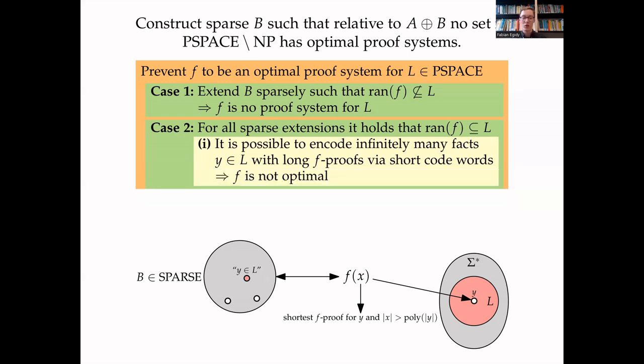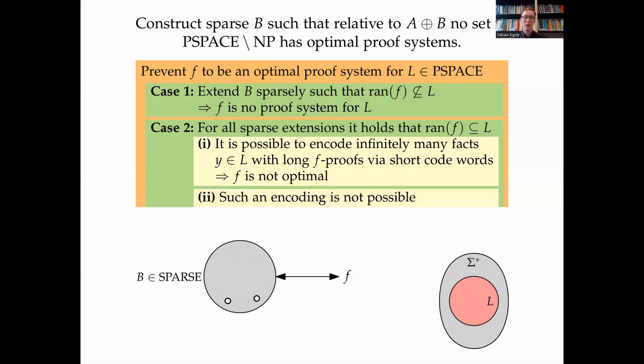If otherwise such an encoding is only possible finitely often, then this means that at some point of the oracle construction, whenever there is a fact y in L and we encode the information y is inside L into the oracle, F has to develop a polynomially long proof for y.